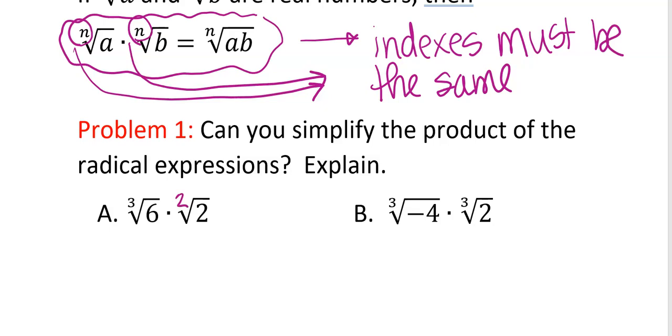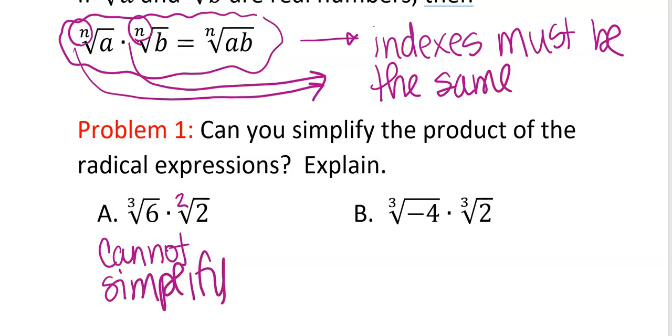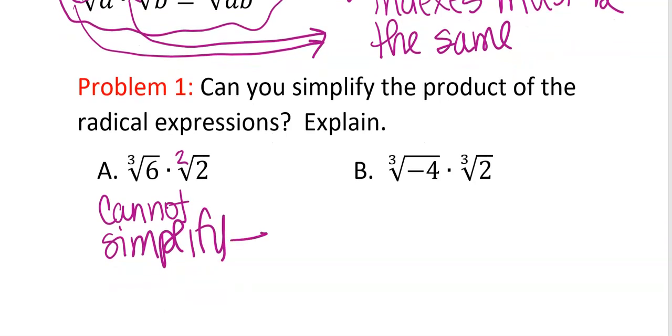Or you can look at it and go, well, this one has a 3, but this one doesn't have a 3. They're not the same. Okay, so this one we're going to put cannot be simplified. And then I'm going to put indexes not equal.